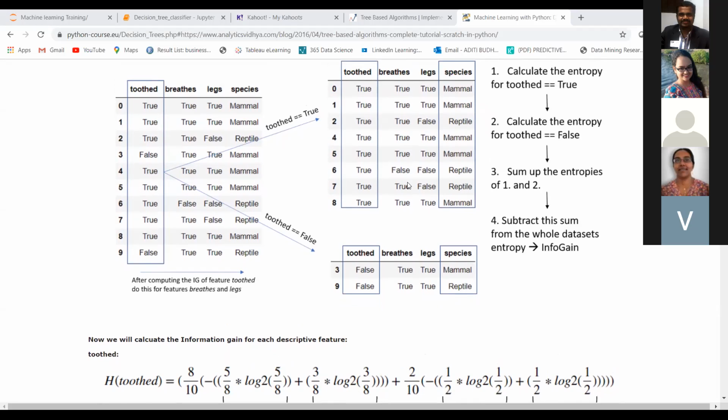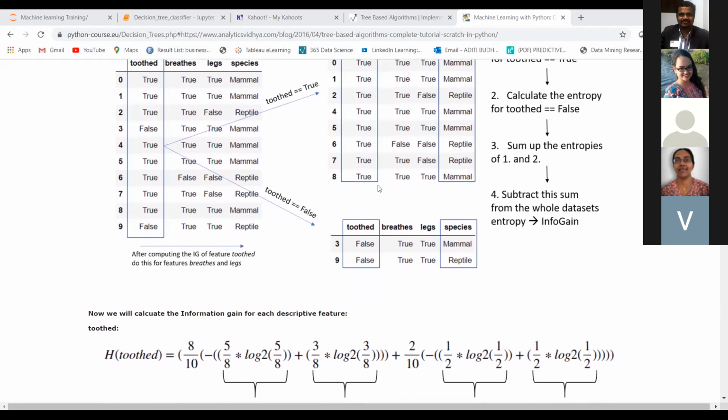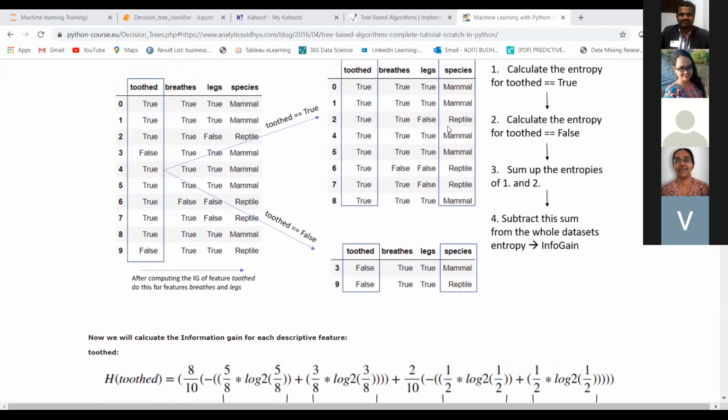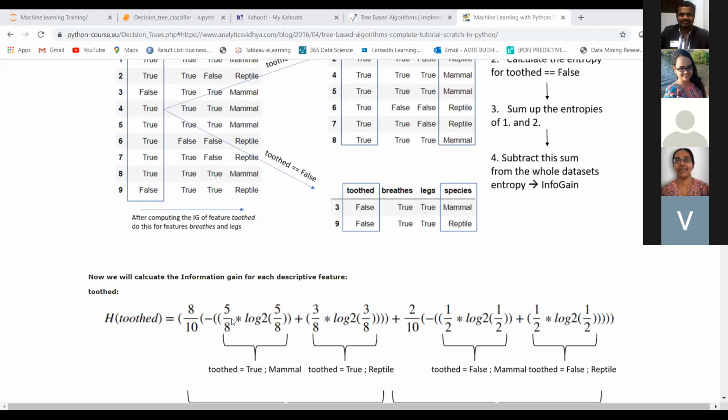Here, 5 out of the 8 animals for which the tooth feature is true are mammals. So this is the probability of the tooth feature being true and it being a mammal. That is 5 by 8.